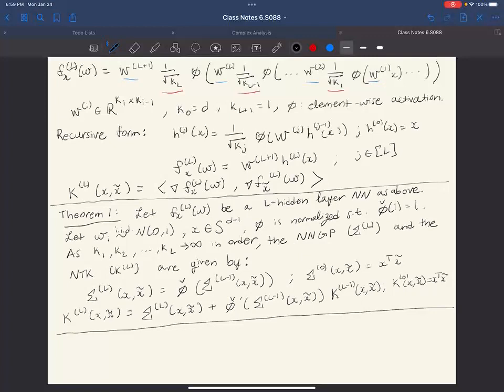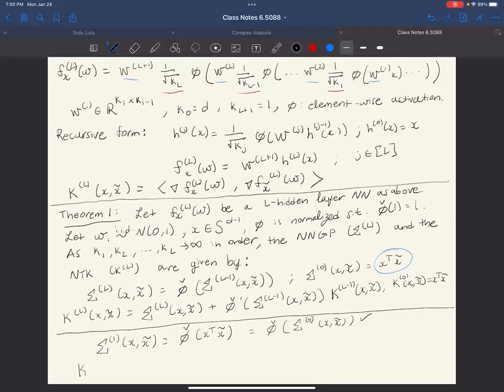So remember that for L equals 1, sigma 1 of x, x tilde, this is what we did in lecture 4. This is exactly the dual of x transpose x tilde. And that is exactly what we have from this initial condition here. And similarly, this now equals sigma 0 of x, x tilde. So this is a check.